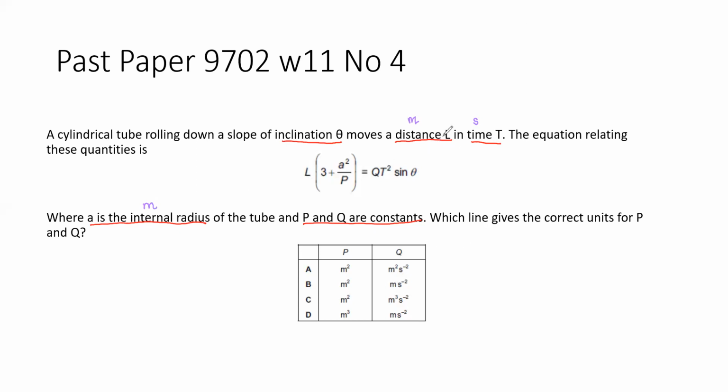Now, for L, the distance, the unit is meters. So we can copy the units into this equation. So, meters, brackets, 3 plus a squared, the unit for the internal radius is meter, so here it is meter squared, divided by p, close brackets, equals q s squared sin theta.